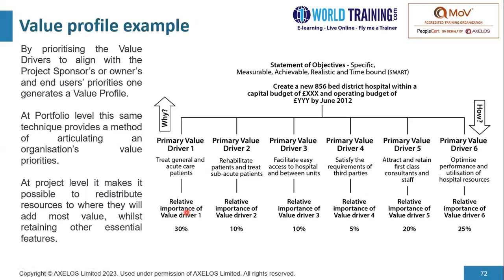We could use techniques such as the pairwise technique to understand the relative value of each of the drivers. For example, on this slide, primary value driver number 1 seems to have a 30% relative importance. The second most important one is value driver number 6, and the third one is value driver number 5, and so on. So this is just an example of a value profile.